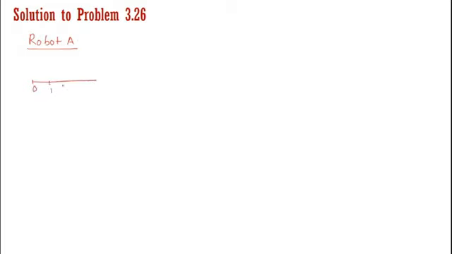So 0, 1, 2, 3. The life is 3 years, so the cash flow will be of 3 years for each of the options.